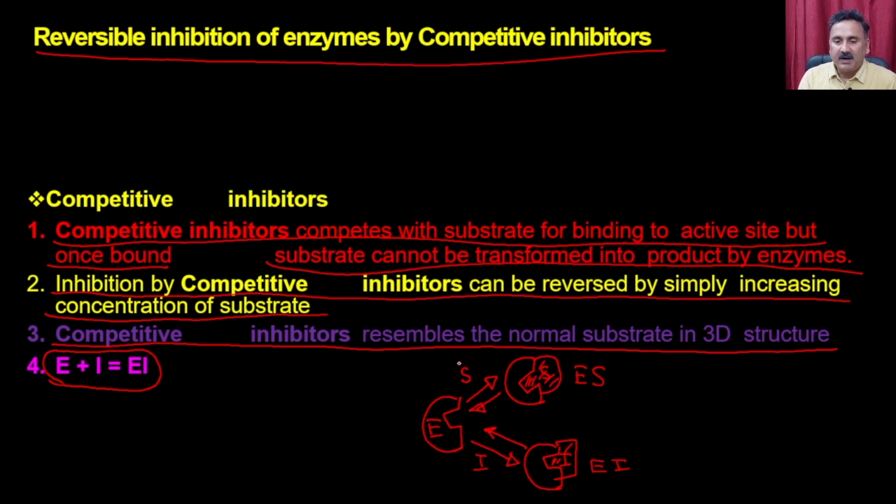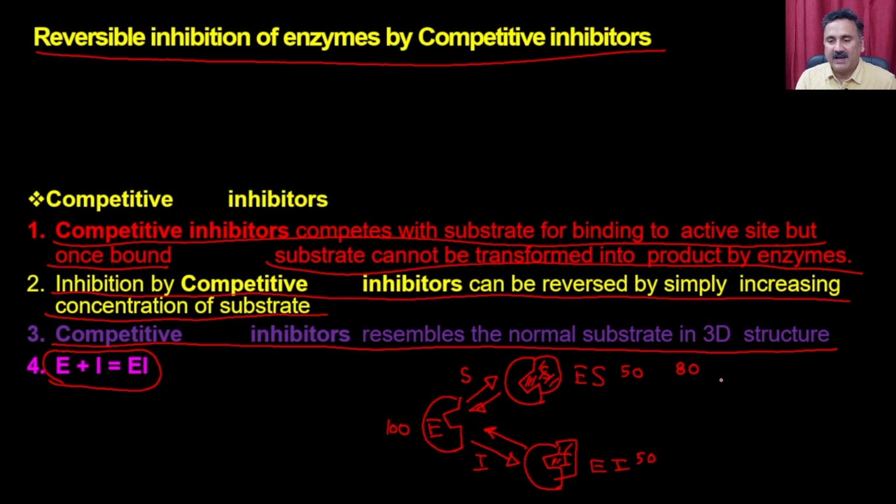Now, depending upon the concentration of the substrate, the amount of enzyme, for example, if you have 100 molecules of enzyme, you can have 50 molecules here and 50 molecules here, because you have added 50 molecules of inhibitor and 50 molecules of substrate. Now, imagine a situation where I add 80 molecules of inhibitor.